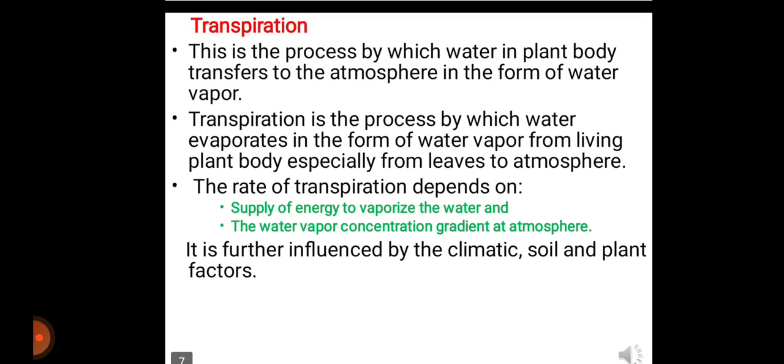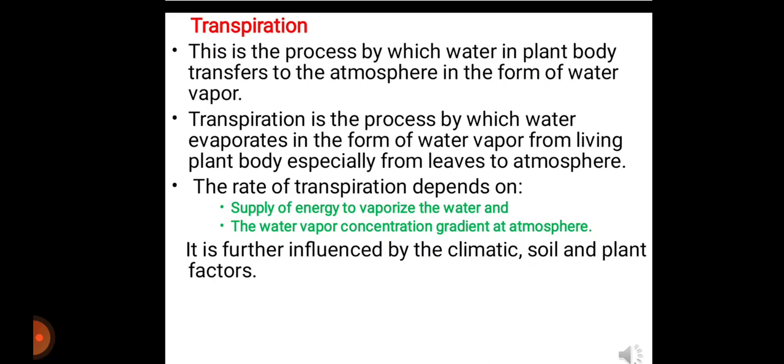Then we discuss transpiration. What is meant by transpiration? It is the process by which water in the plant body is transferred to the atmosphere in the form of water vapor. Transpiration is the process by which water evaporates in the form of water vapor from the living plant body, especially from leaves, to the atmosphere.